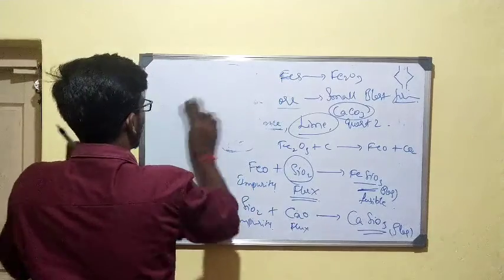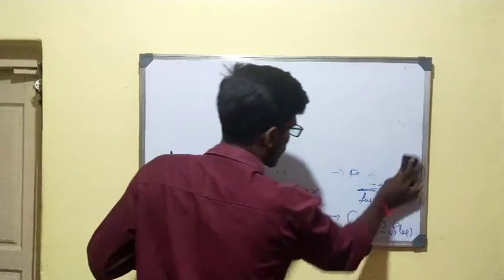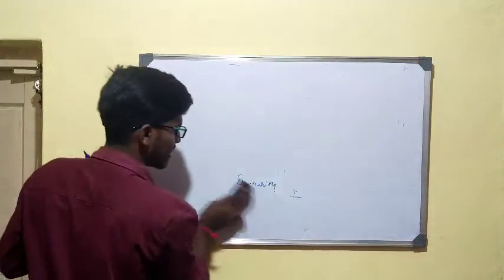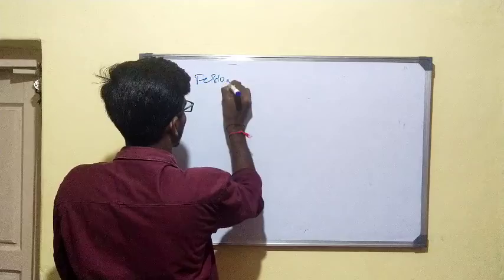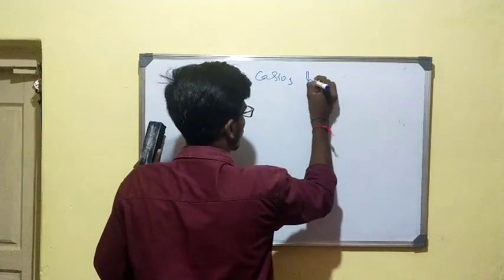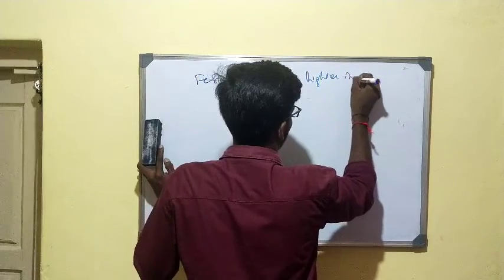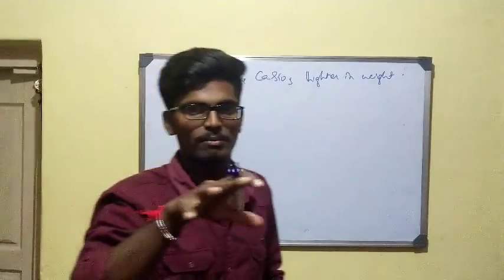Now, generally slags are very light in weight. The slags which are formed here are iron silicate and calcium silicate. Your iron silicate and your calcium silicate are lighter in weight, and they are going to float on the surface of the blast furnace.